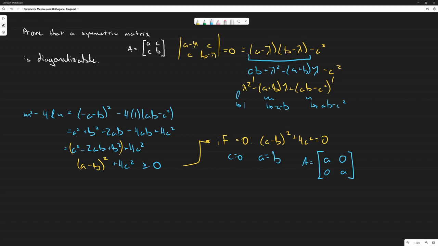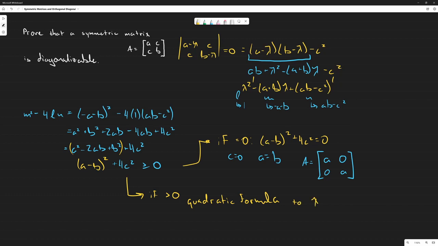On the other hand, if this discriminant is greater than 0, then we can use the quadratic formula, or any other method if possible, to find our eigenvalues.